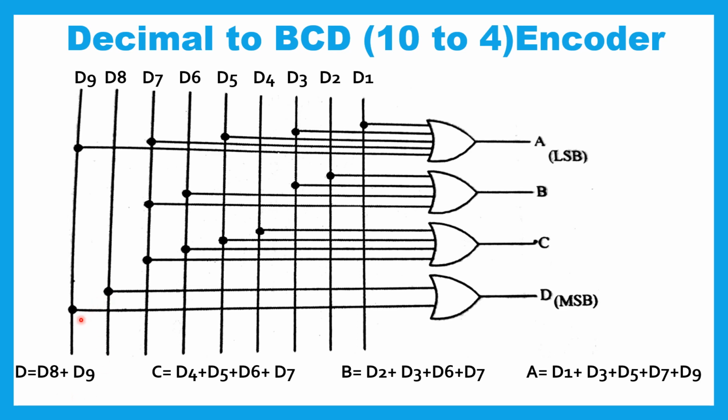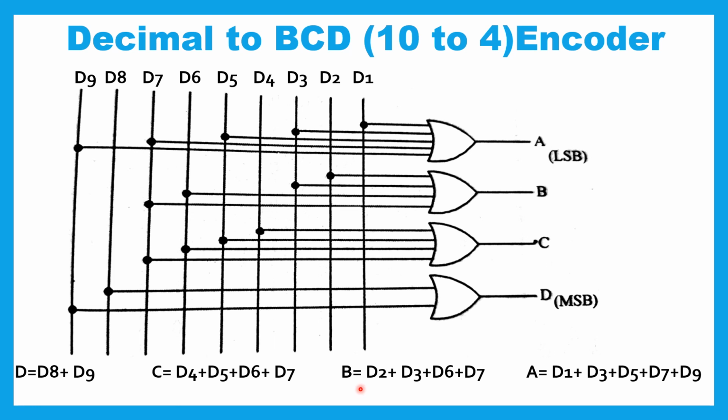So here there are two inputs connected to this last OR gate and we get the output as D. And for C, the Boolean expression is D4 or D5 or D6 or D7. So we need 4 inputs D7, D6, D5 and D4 for this third OR gate and we get the output as C.